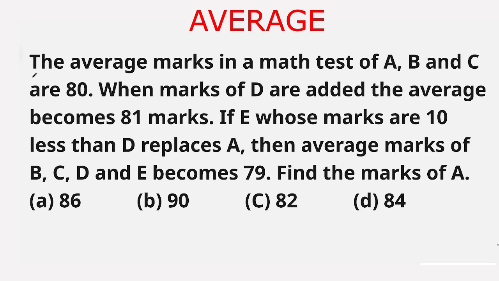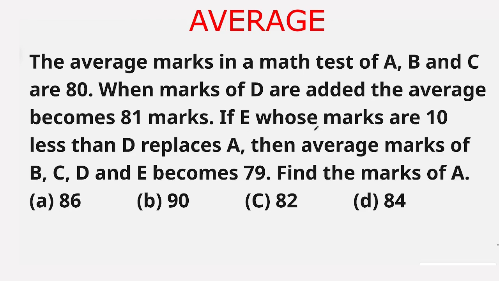Our question is, the average marks in a math test of A, B and C are 80. When marks of D are added, the average becomes 81 marks.